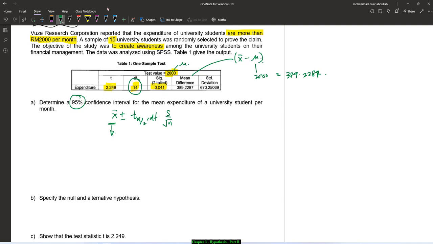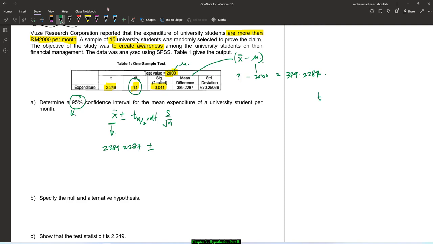So this one should be 2389.2287, right? Plus minus, we want the 95% confidence interval.